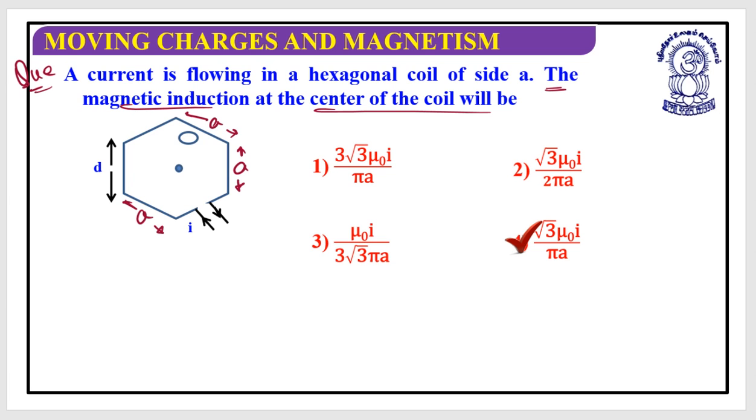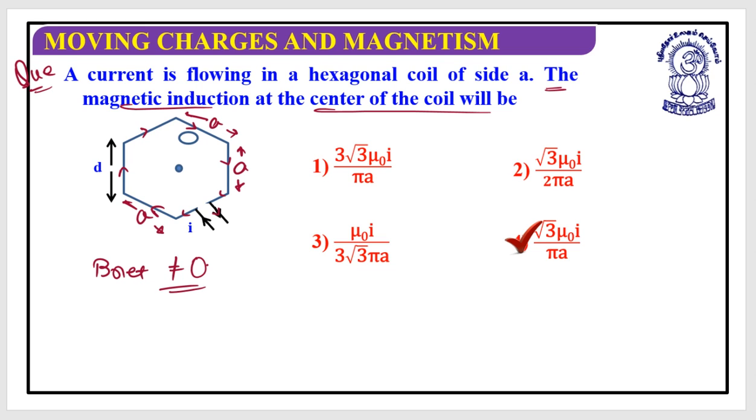A current is flowing in this direction and it is leaving from here. So this is the case where B net could not be 0. Please don't assume that this is the zero kind of task.